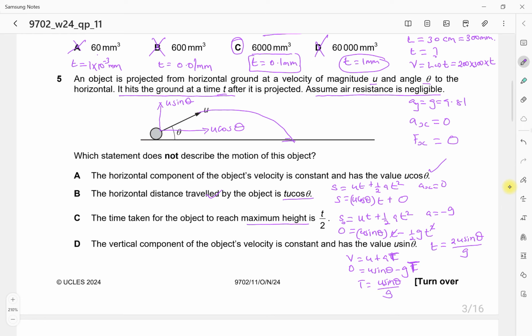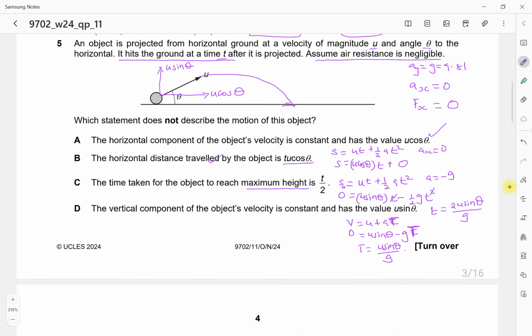When you compare capital T and the other t, you notice that when I multiply capital T by 2, I get the other one. So you can try to divide the two equations. Capital T over small t is u sine theta over g, divided by 2u sine theta over g, which is going to be equal to 1 over 2.